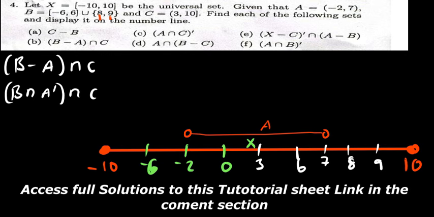So the complement, starting from here included, all the way to that included, that is A complement. Another A complement starting from here included, all the way to negative 10. So now we don't put arrows, but it ends there. I'll put A complement.